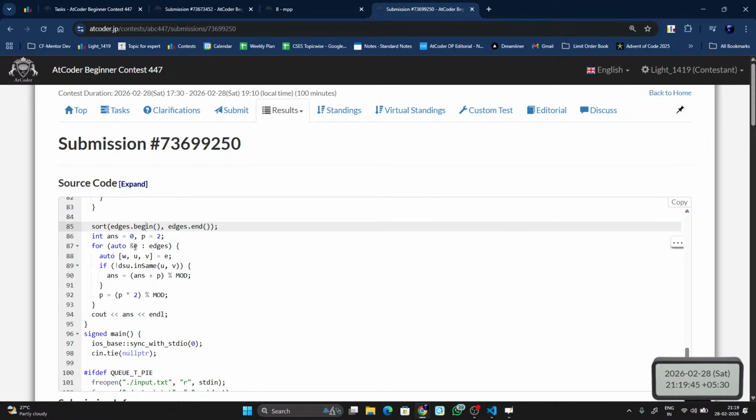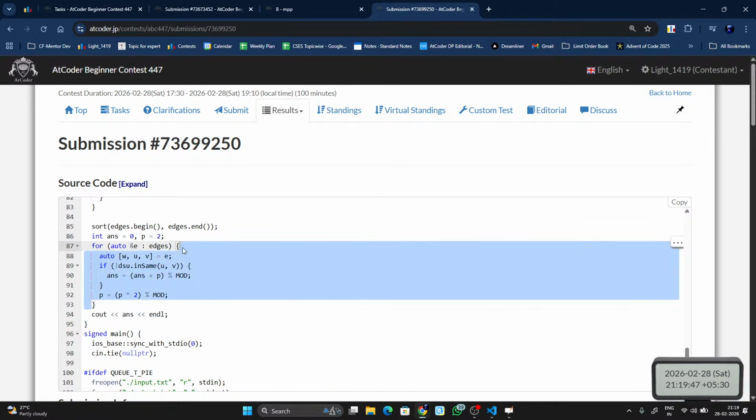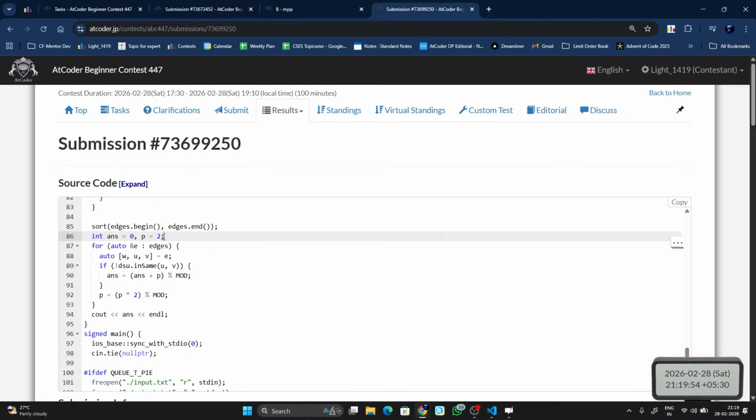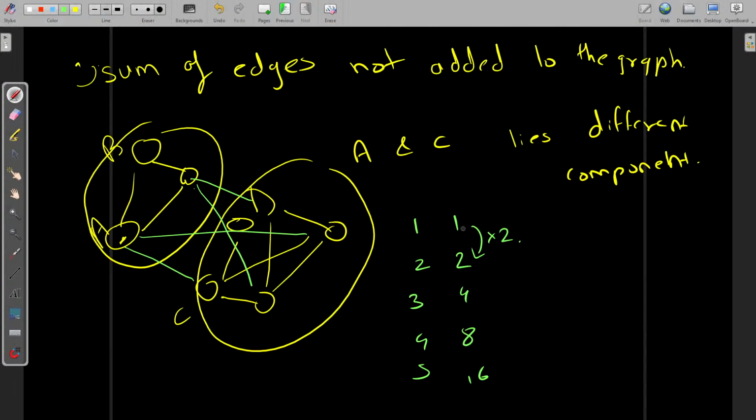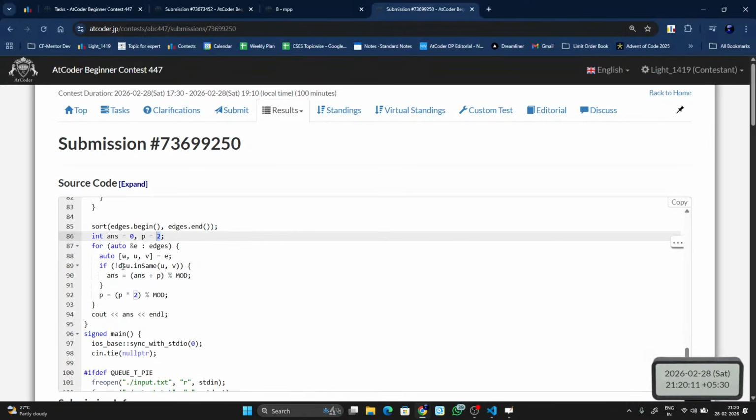I'm doing the same thing over here. Instead of writing for int i equal to 1, i less than or equal to m, i plus plus, I'm just maintaining the cost value. Initially, the cost would be 2. As you can see, the cost of the first stage is 2. Like actually, this is not 2 to the power 1 is 2. This is 2 to the power 2, 8, 16, and 32. So if they are not in the same component, then I would add that value P into the answer, and I would just proceed.